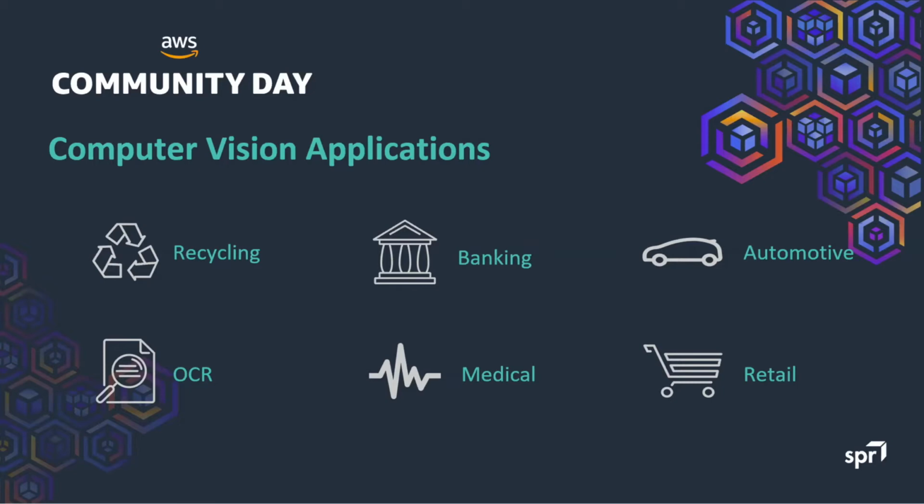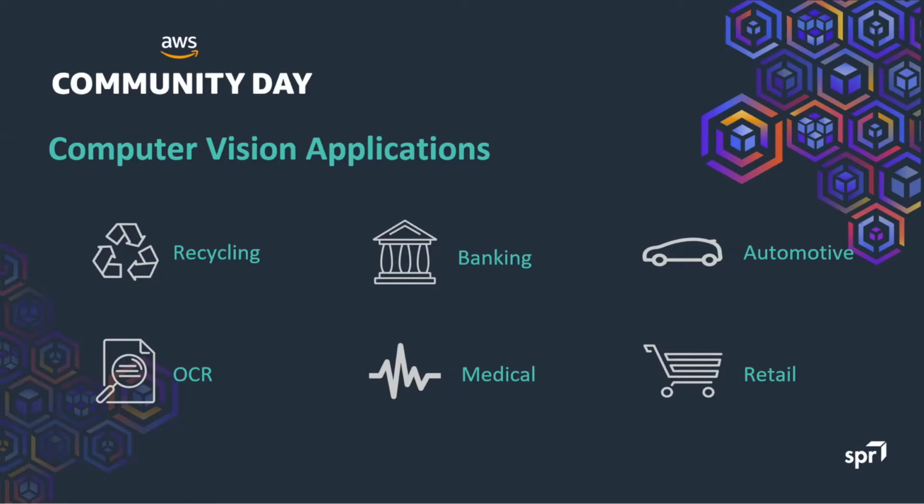There is also the automotive industry, so self-driving cars. Not all self-driving cars use computer vision; some of them use another technology called LiDAR, but computer vision is present there, and it's very promising.